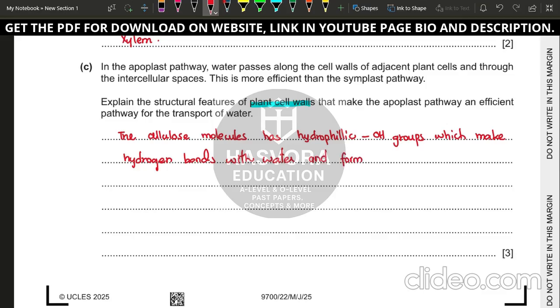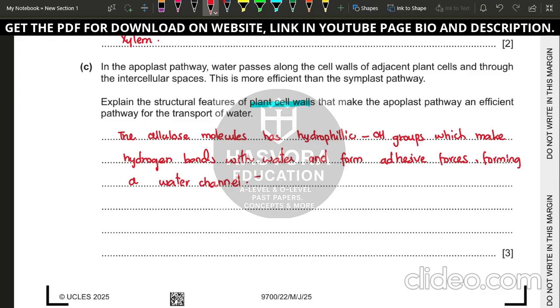So we actually call it the adhesive forces. So forming a water channel, or you can say a water flow. Okay, and after that we can write that there is no hindrance.